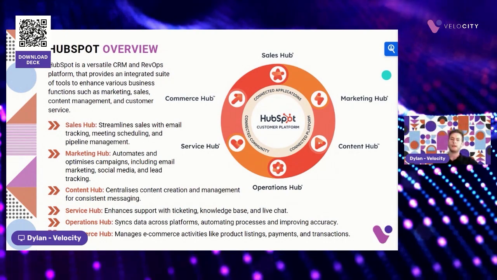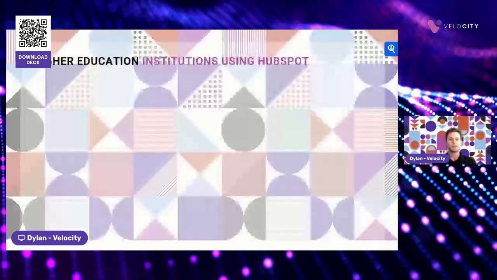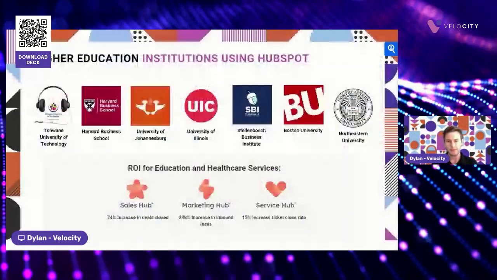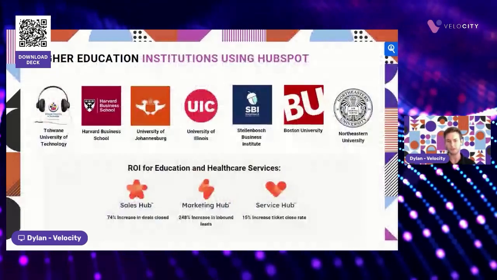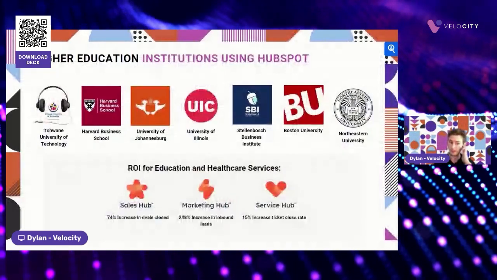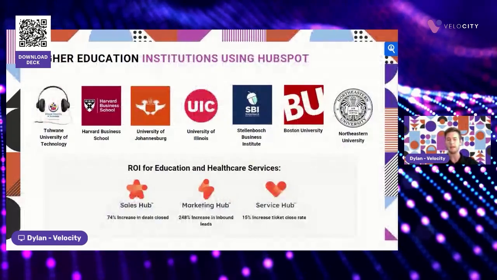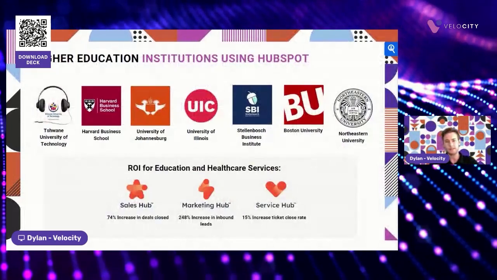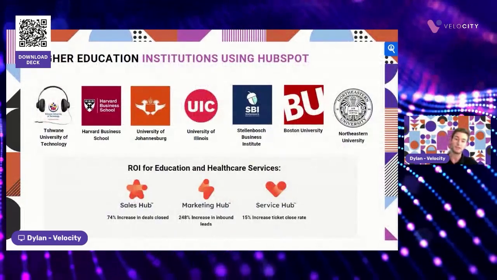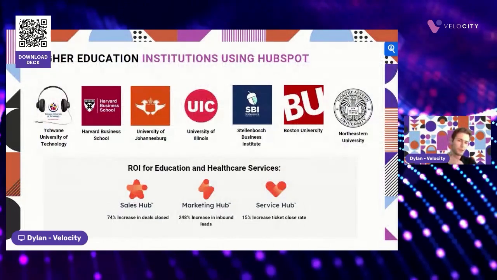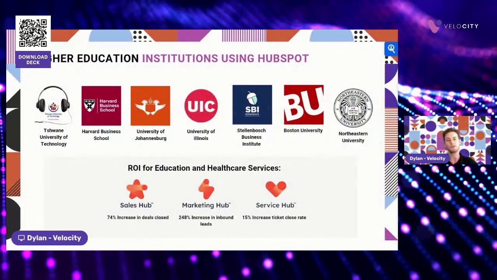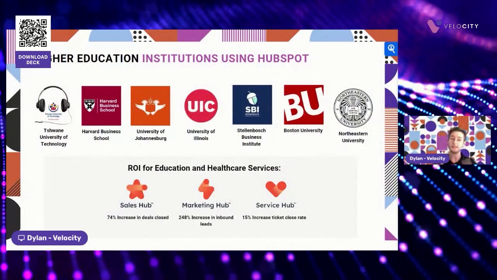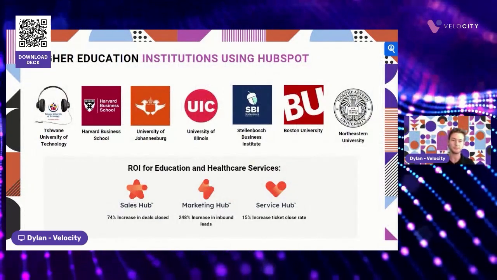I'd like to highlight how some higher education institutions have leveraged HubSpot to transform their operations and their return on investment. So firstly, let's take a look at how they're utilizing HubSpot. Universities and colleges globally have adopted HubSpot to streamline their marketing, sales, service, operations, all those processes.